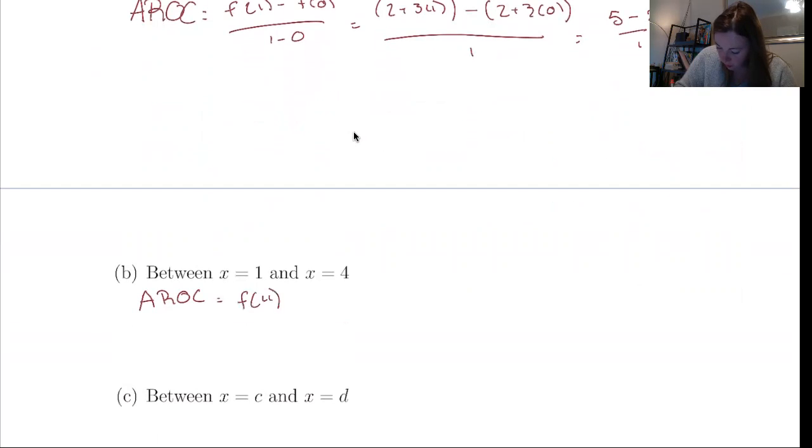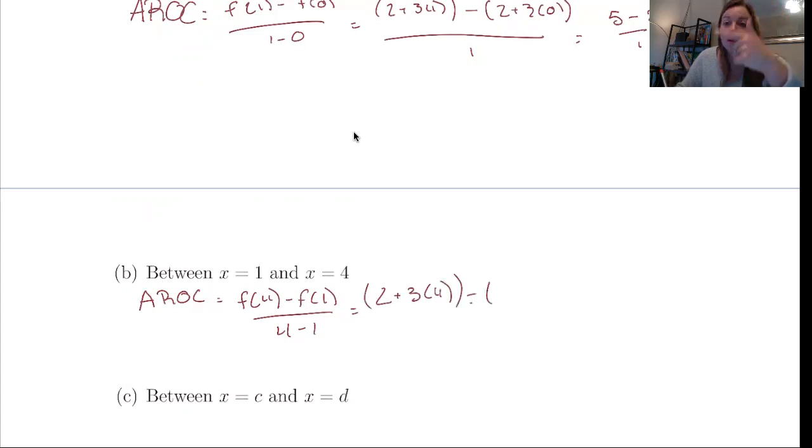So f of 4 minus f of 1 over 4 minus 1 equals 2 plus 3 times 4 minus, the reason I do big parentheses like this is because that minus, you might forget to distribute it over, right? So 2 plus 3 times 1 over 3. 4 minus 1 is 3.